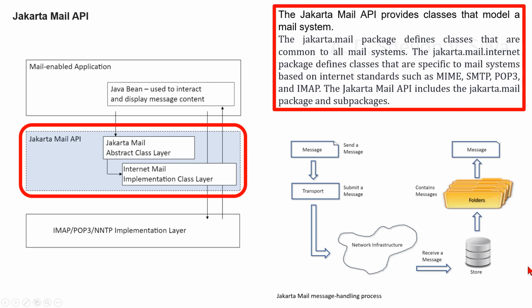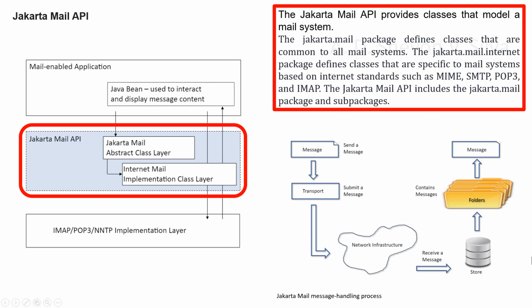The session class. The session class defines global and per-user mail-related properties that define the interface between a mail-enabled client and the network. Jakarta Mail system components use the session object to set and get specific properties. The session class also provides a default authenticated session object that desktop applications can share. The session class is a final concrete class.